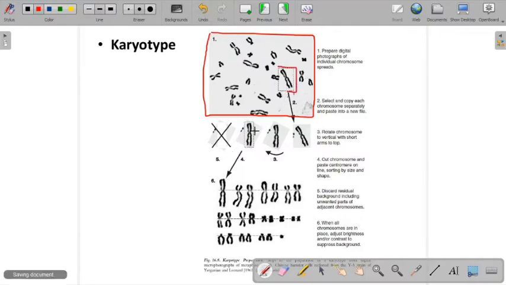We typically flip or rotate the pictures and then arrange them in a linear way, in the centromere fashion. The centromere is here, the centromere is here. Then we compare the p and q segments of that chromosome with the actual number, and then we see how many pairs of chromosomes are there, whether they are accurate or not.